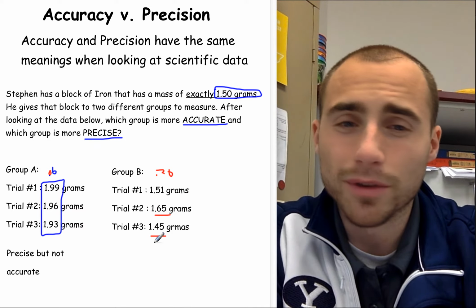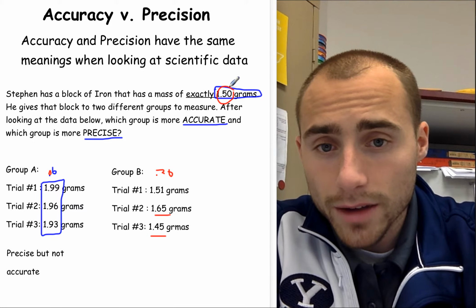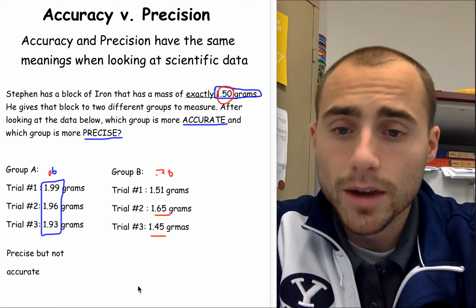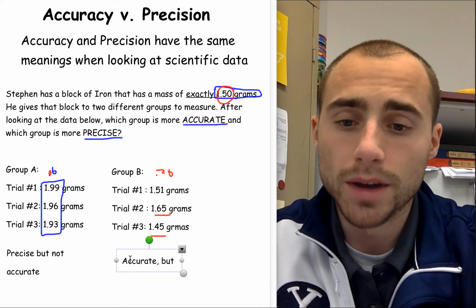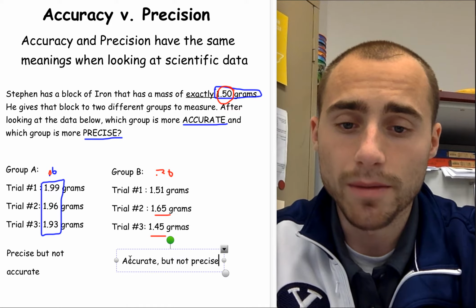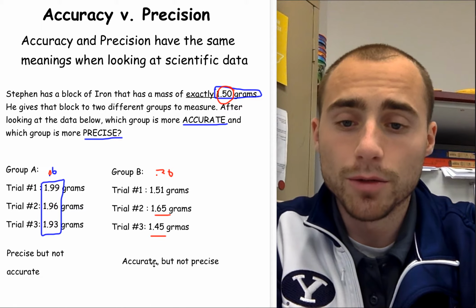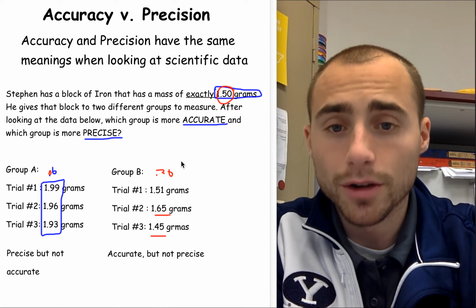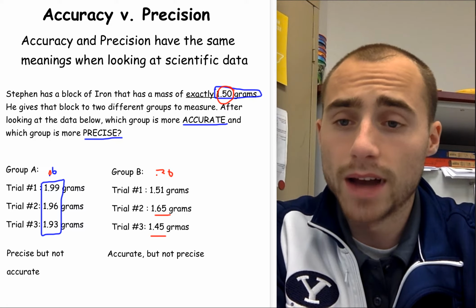These aren't very precise. But our block had a mass of 1.5 grams, which would make group B accurate but not precise. So group A would be precise and group B would be accurate, because these are close to the true value and these are all close to each other but not to the true value.